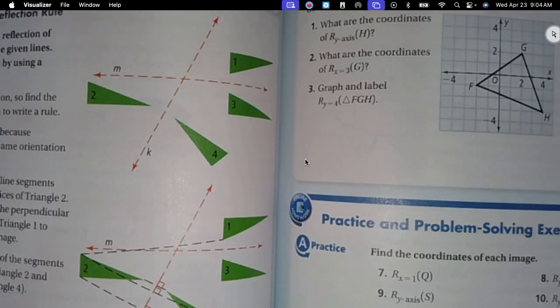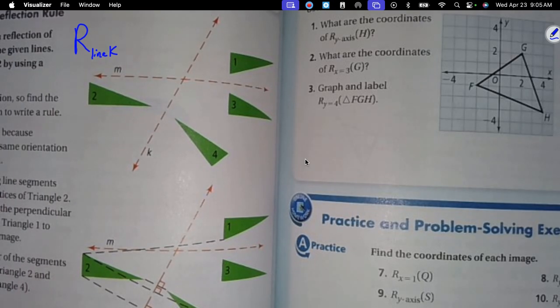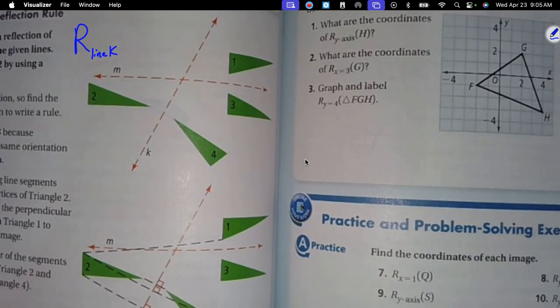So what would you write? First of all, a reflection rule has a capital R. And what did it reflect over? Yeah, line K. I wonder if they want me to put triangle 2 is a reflection across line K. They just kind of explain it.